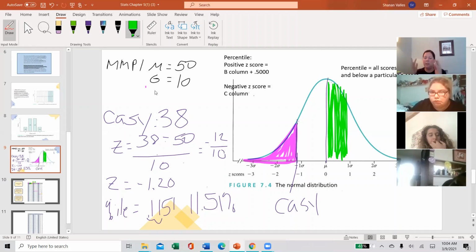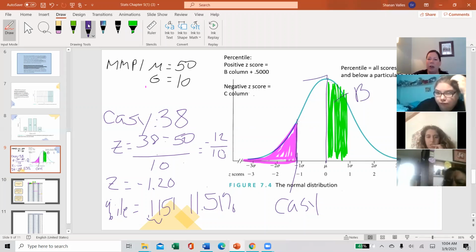Remember, B column is from the mean to the Z. So all it tells us is that little chunk or that sliver right there. But that's not the percentile ranking because it's everybody below. And we can't leave out all of the people that are below the mean also. Does that make sense? So we need everybody below the mean plus that B column that adds that extra little bit of proportion.